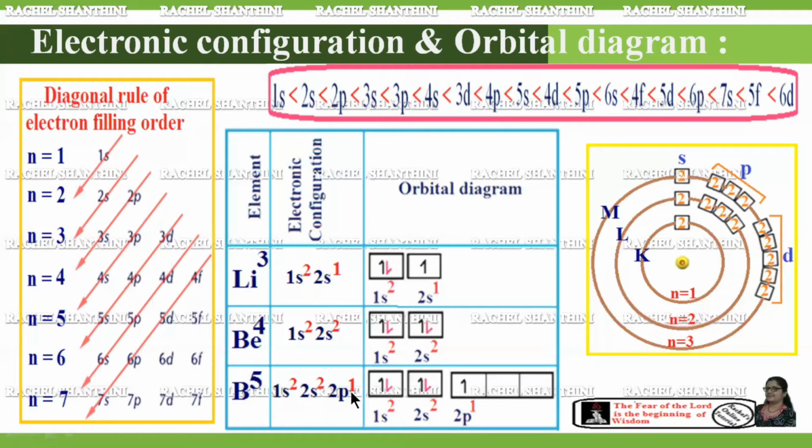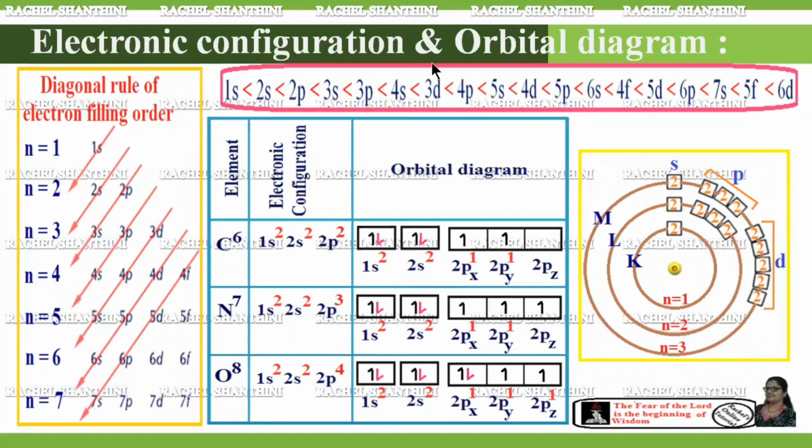Since we have only one electron, it will be accommodated in the first box, 2px, and we have to represent this electron with an upward arrow mark which represents the positive spin. The other two orbitals will be empty. So 1s2, 2s2 and 2p1. This is the orbital diagram for boron.